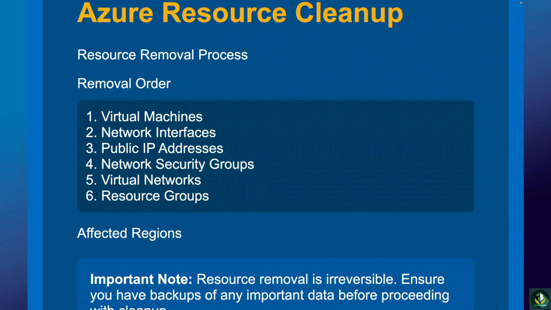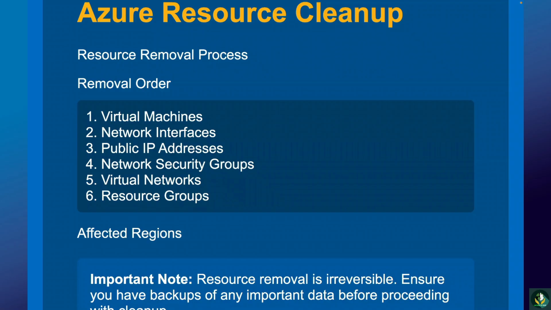For example, you can't remove a virtual network while VMs are still attached to it. This script will use a consistent naming convention for resources as well, mirroring the one we used in our deployment script. This consistency makes it easier to identify and remove specific resources.